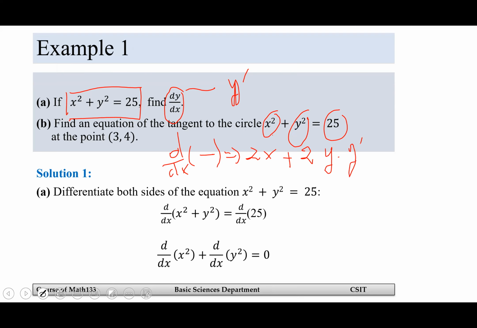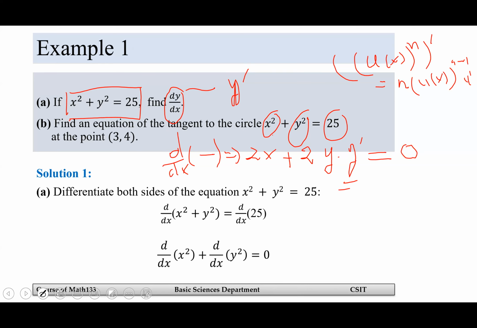If you remember, we have a formula: the derivative of u of x to the power n is equal to n times u of x to the power n minus 1, but times u prime of x. That's why we have this y prime here. And the derivative of the constant 25 is 0.